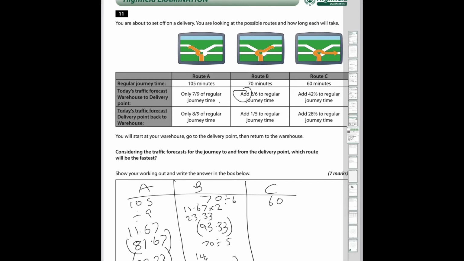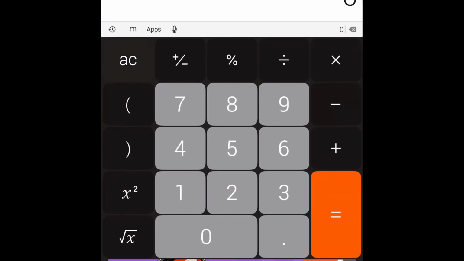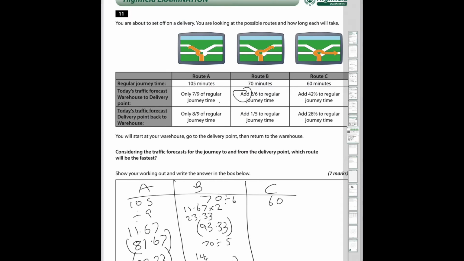We've worked out what 1/5 is, and we're adding that onto 70. So again, it's about reading the question clearly. So we add 84 onto 93.33. It's 177.33. Okay, now C.